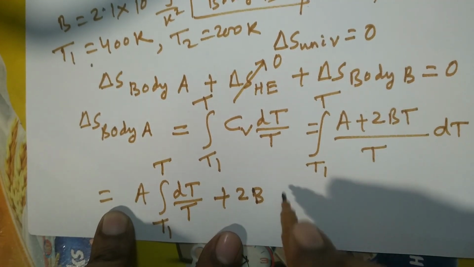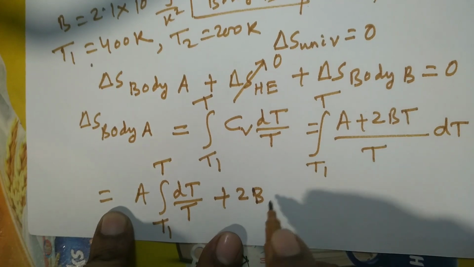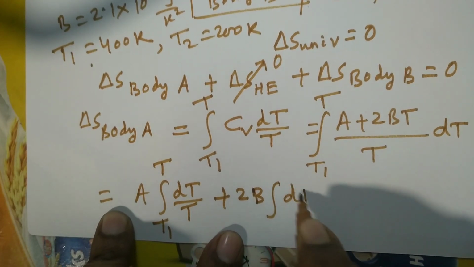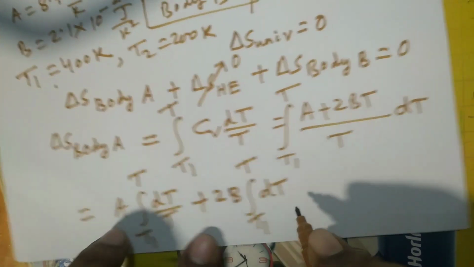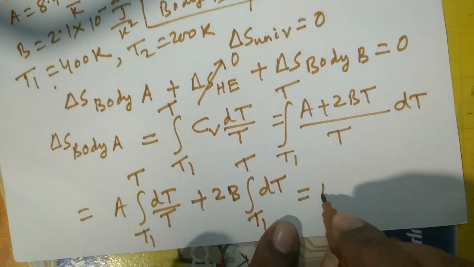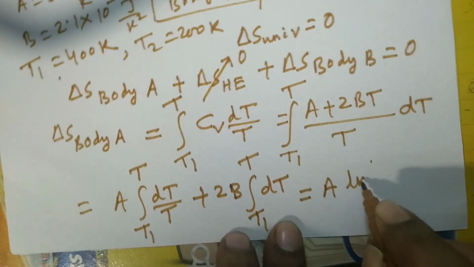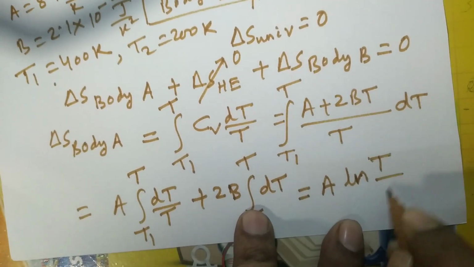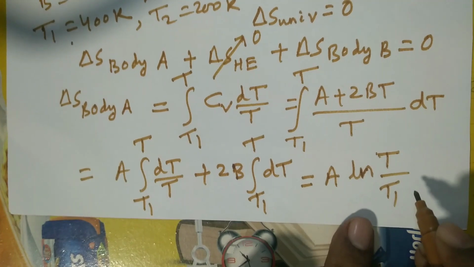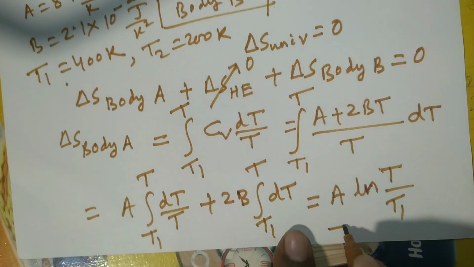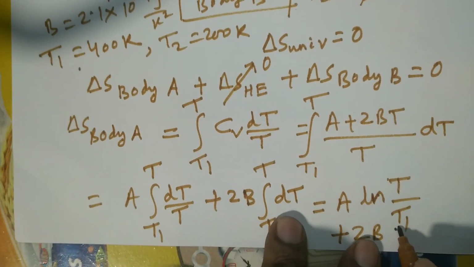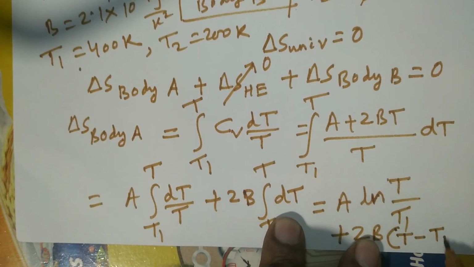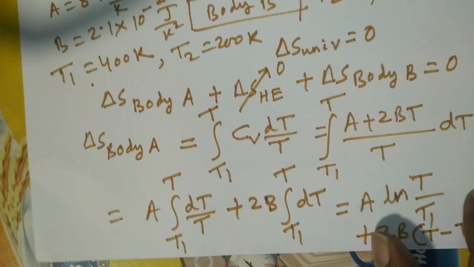The T divided by T cancels out, and now this is 2B dT from T1 to T. This is equal to A ln T upon T1 plus 2B times (T minus T1). This is the delta S of body A.